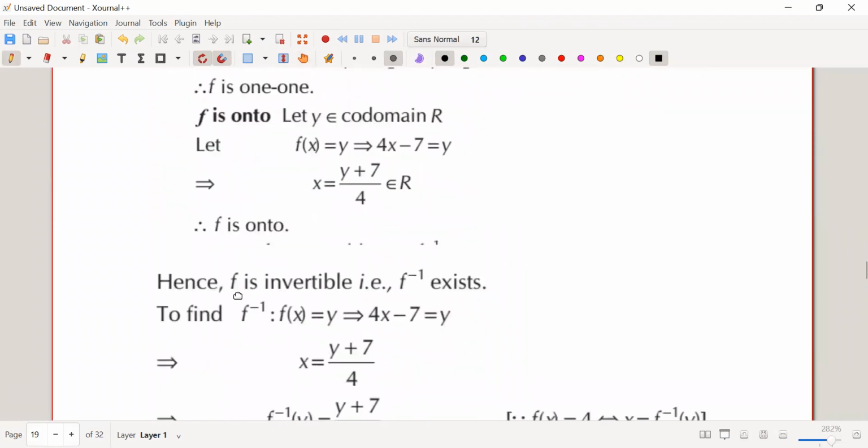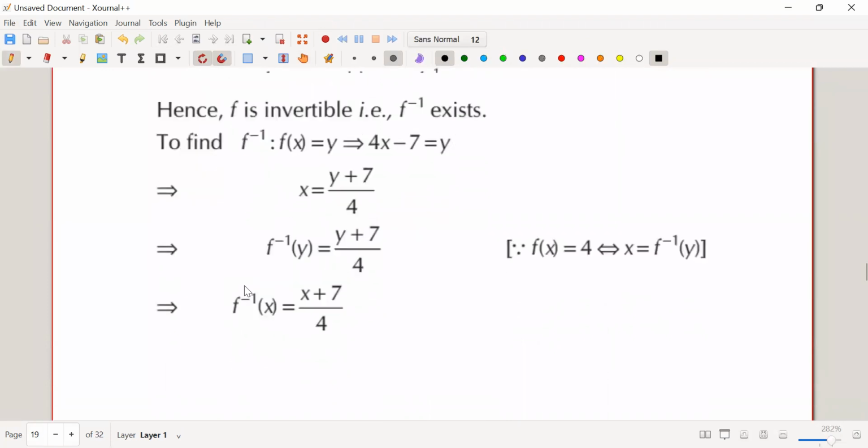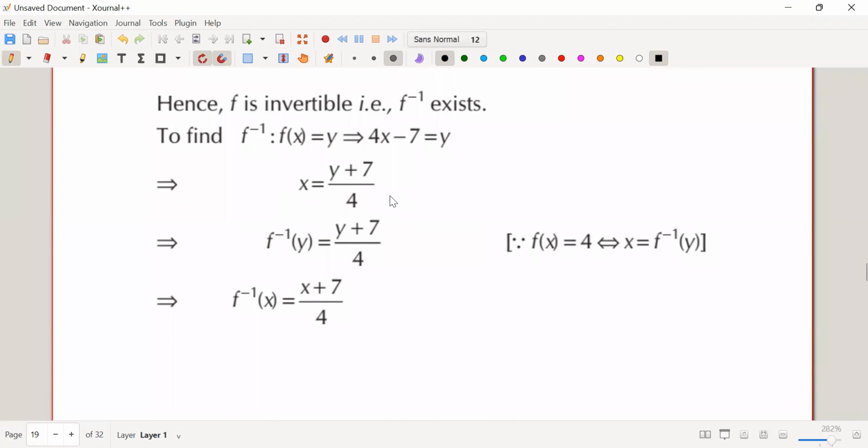First, the onto function, definitely it's a one-to-one onto function. Then only we will proceed to the next part.